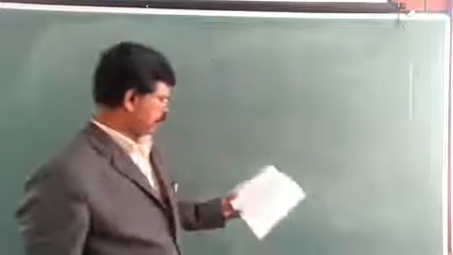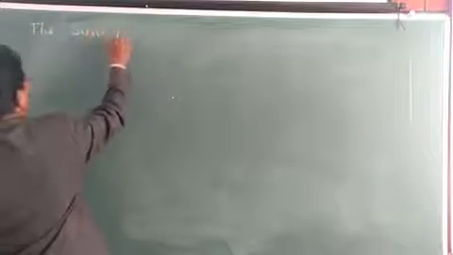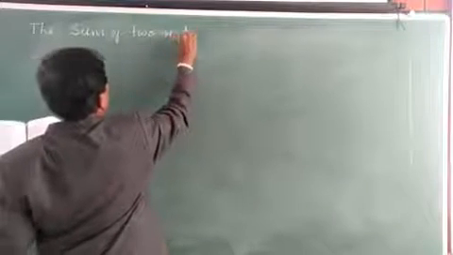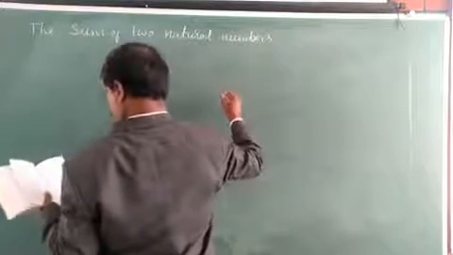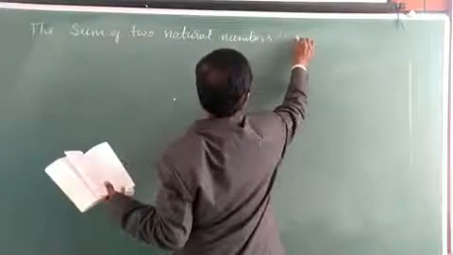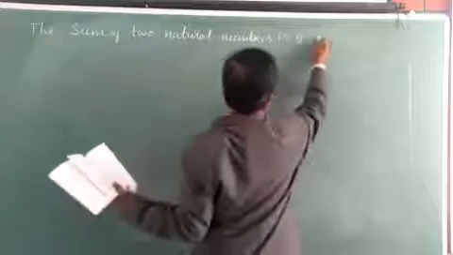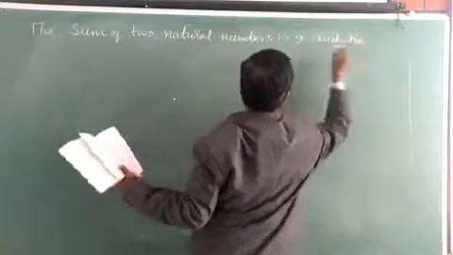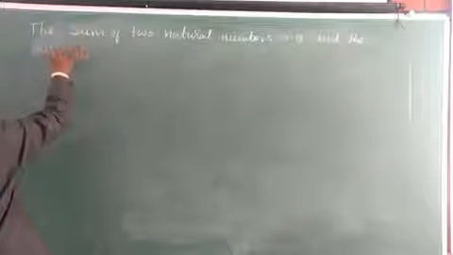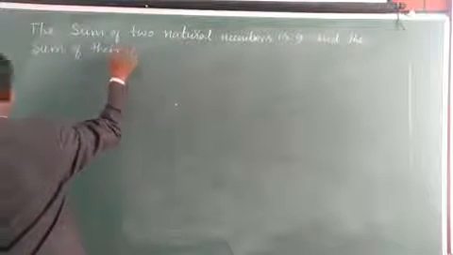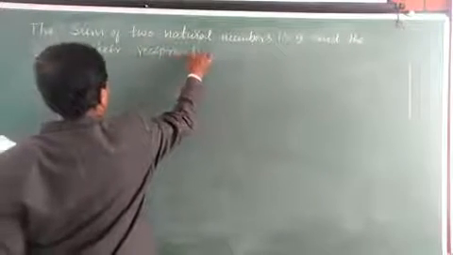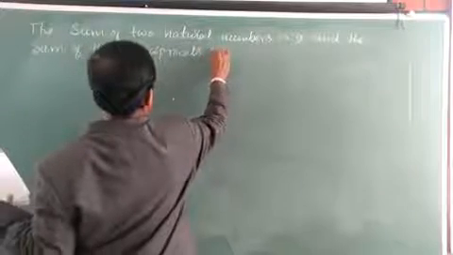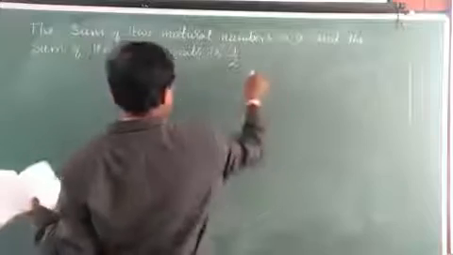Now, let's take the third one. The sum of two natural numbers is 9, and the sum of their reciprocals is 1 by 2.